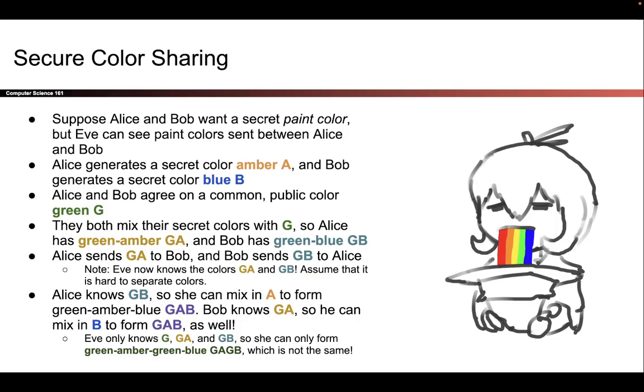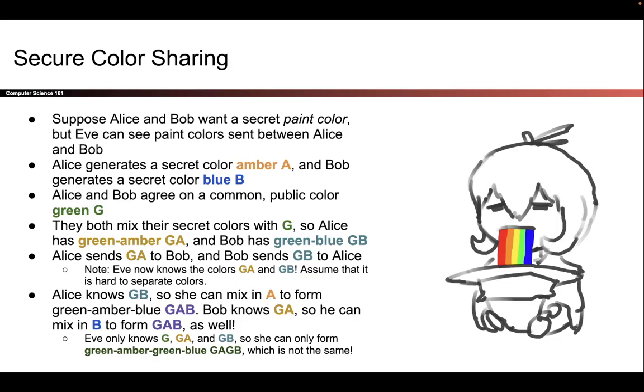Now, if you're Eve, you might try to get clever. Maybe you saw GA and GB and you want to mix those colors together to try and obtain the secret yourself. But even if you tried to mix green amber and green blue, your resulting color would be something like green amber, green blue, or GAGB. There's too much green in there. It's not the same as the color that Alice and Bob obtained.